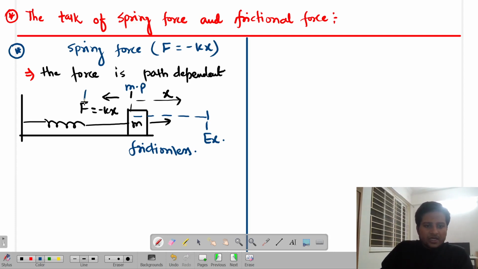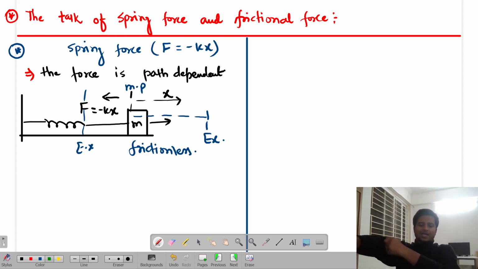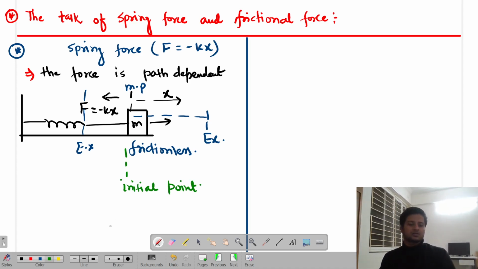Yeah, and then once again it will go to the other extreme and it will always oscillate between this extreme and the mean point or not. Basically one nature you see is that if the particle starts from the initial point, it returns to this initial point as it is or not.